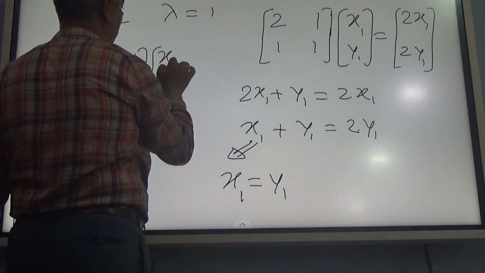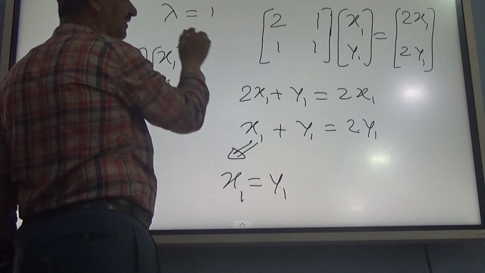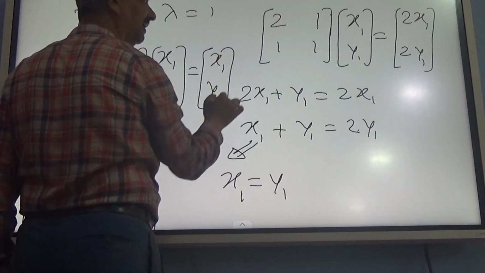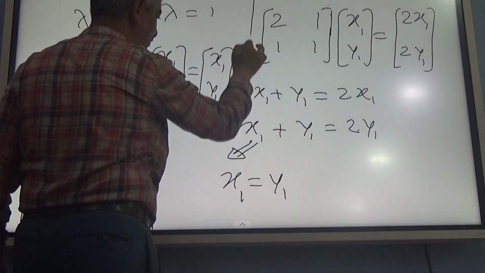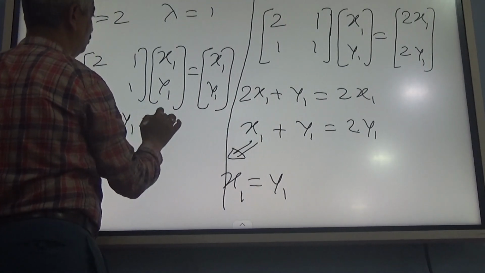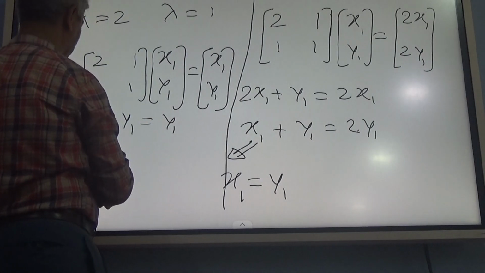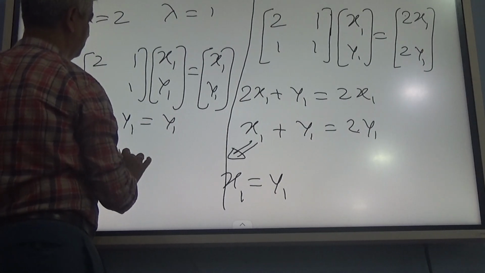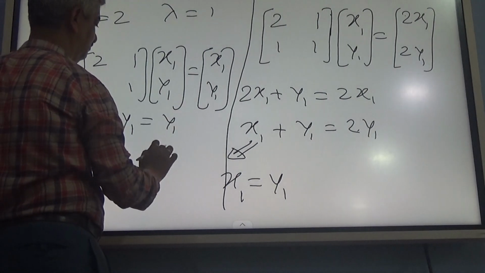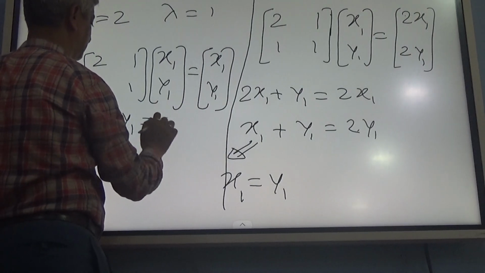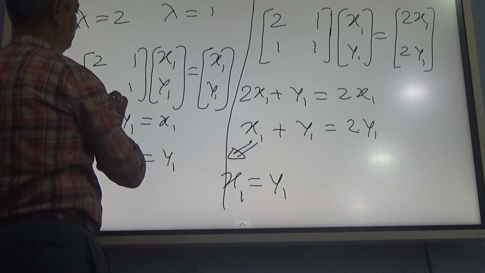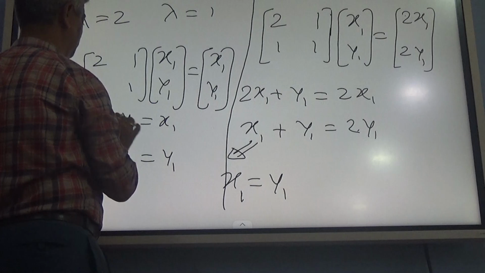Now we keep it pending and find out for the other value, 2, 1, 1, 1. What is the other combination? X1, Y1. Lambda equal to 1 means what? It must be X1, Y1, right? Second case, lambda equal to 1. Now what happens? 2x1 plus y1 equal to y1, and x1 plus y1 equal to y1, 2x1 plus y1 equal to x1.